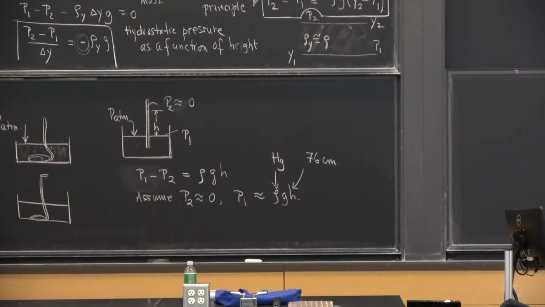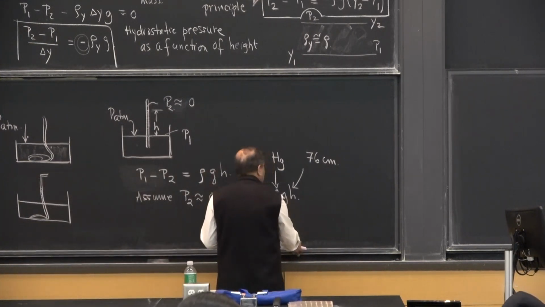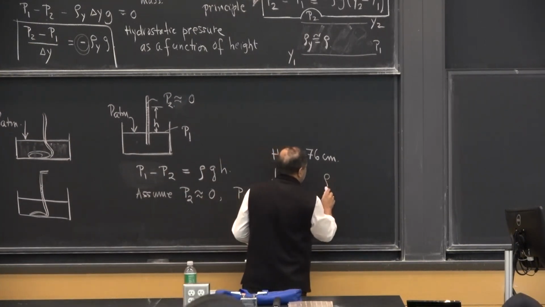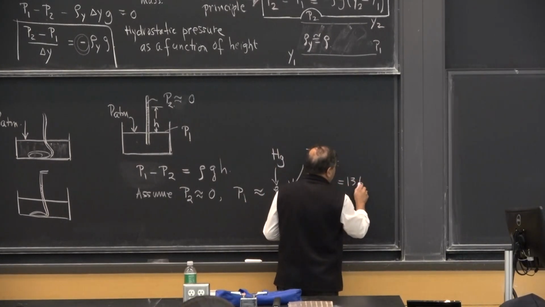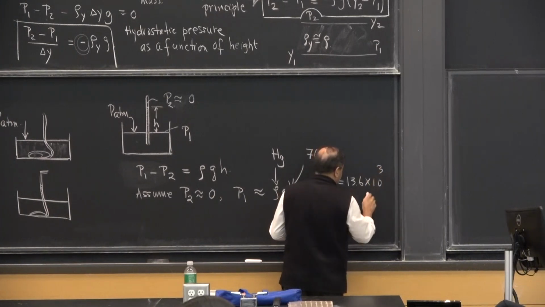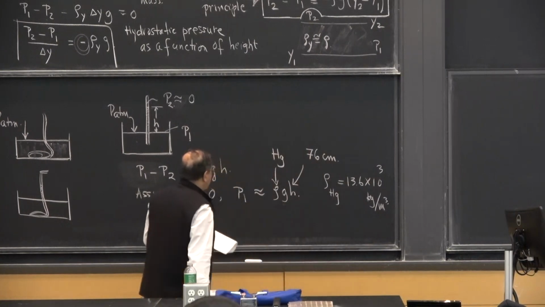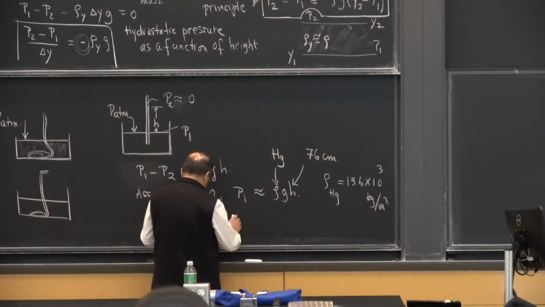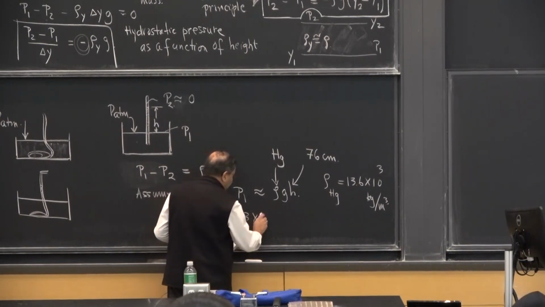So they're actually reporting to you a number that is based upon Pascal's principle. The density of mercury, by the way, is 13.6 times 10 to the 3 kilograms per meter cube. Mercury is a very, very dense fluid. So if you do all the numbers, you will see that it works out to roughly 1.03 times 10 to the 5 pascals.